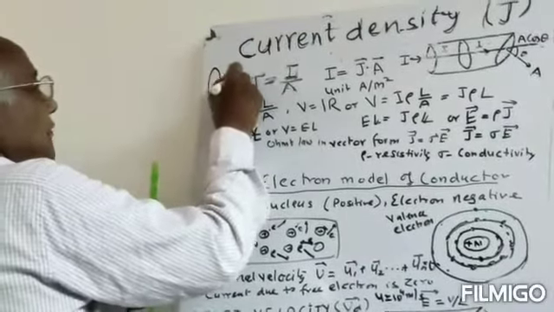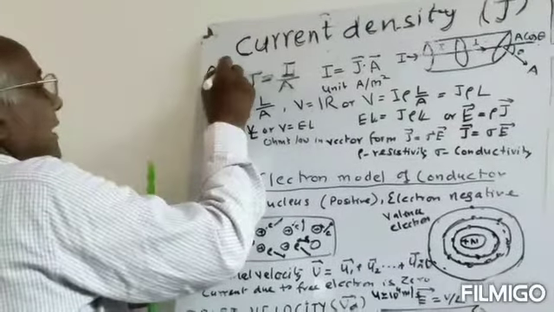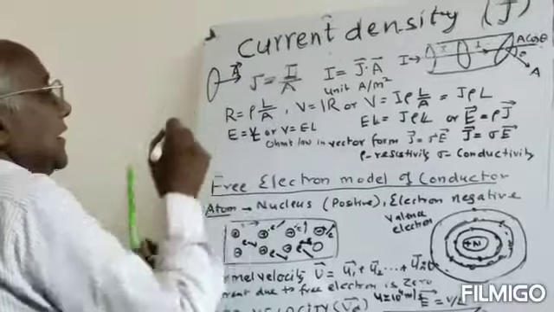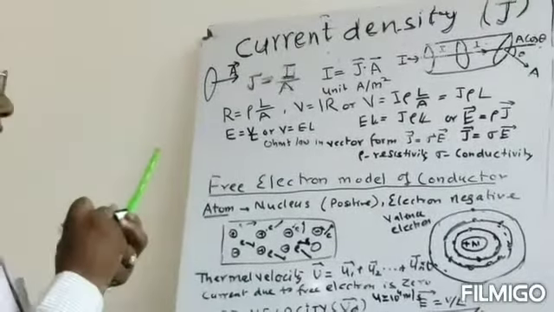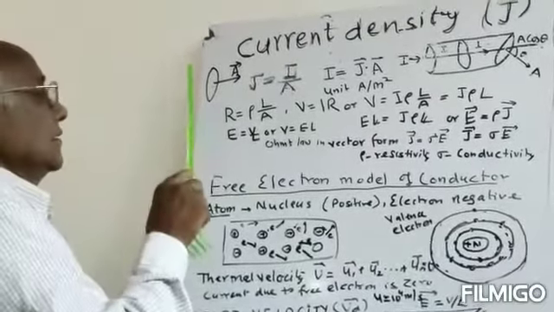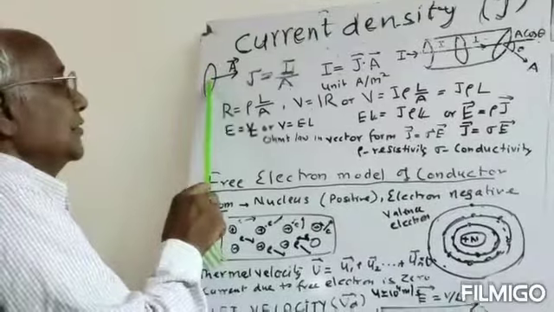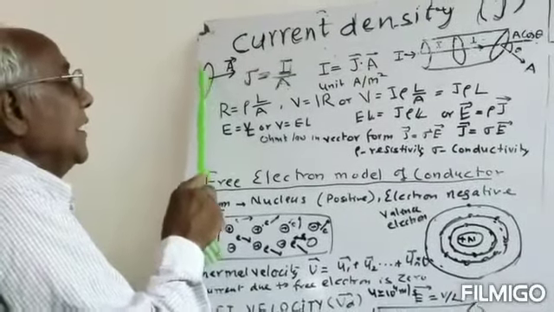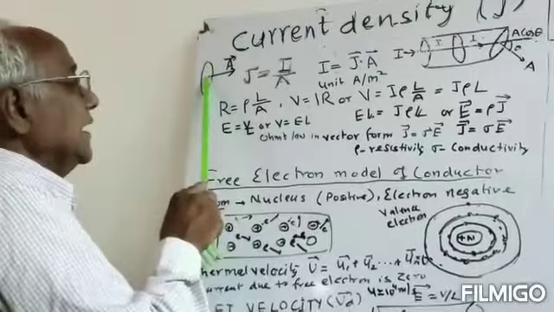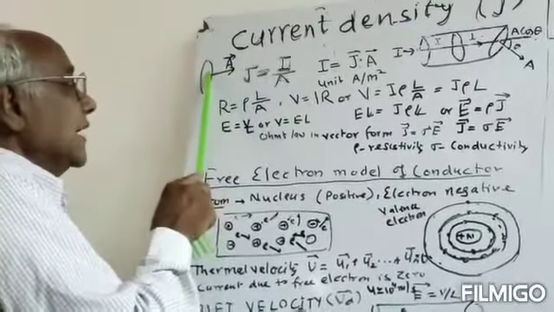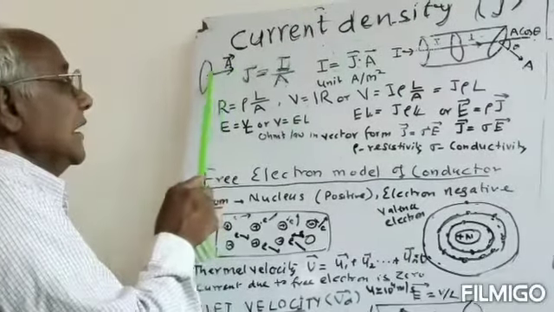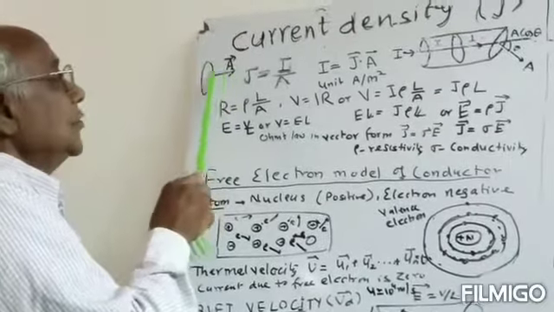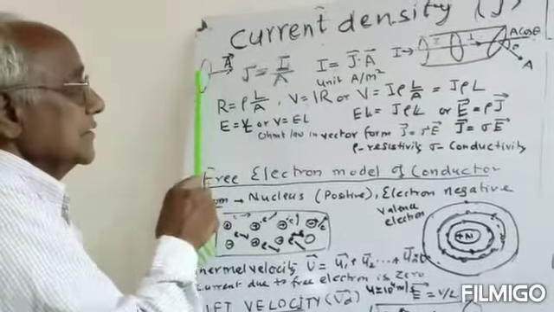cross section. So if this is the area A, this is the A vector, and its direction is normal to this area of cross section.